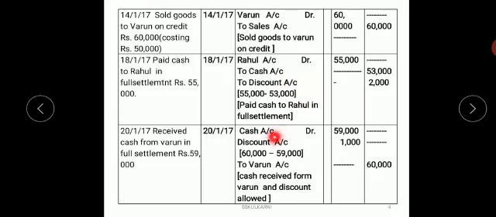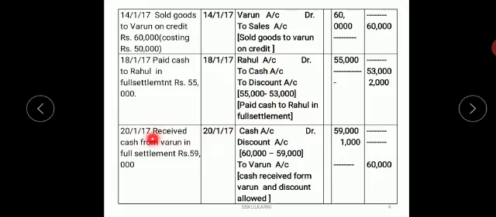And when we see discount on the debit side, that means the discount is given to the customers. So discount allowed is a loss, whereas discount earned is a gain. So narration: paid cash to Rahul in full settlement. So the relation between Messrs Bhanu Traders and Rahul is completed.